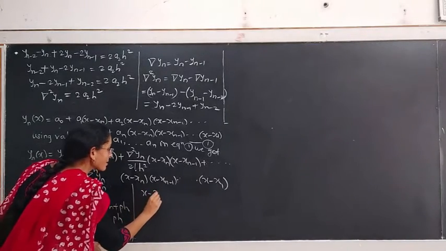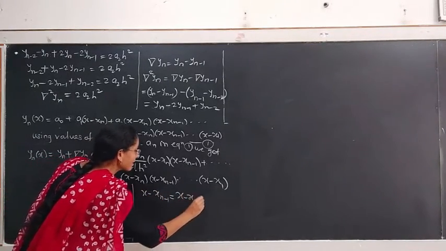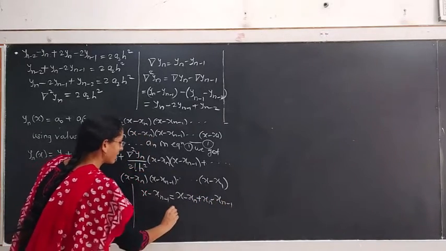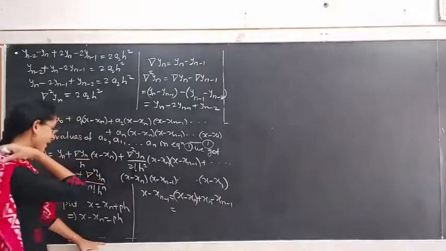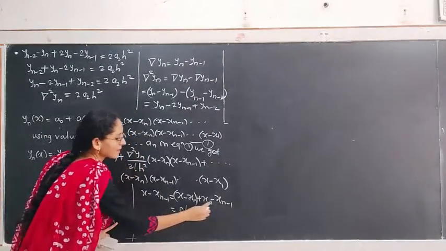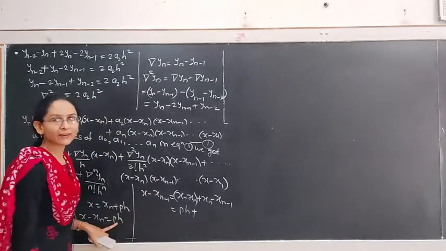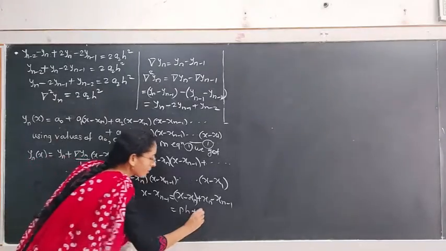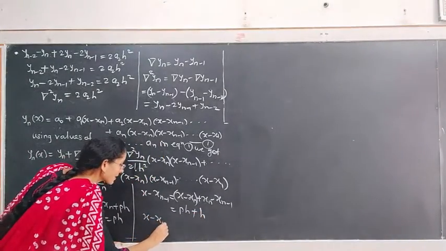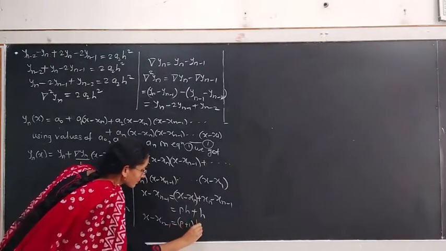x minus x_{n-1} is equal to x minus x_n plus x_n minus x_{n-1}. First bracket has value ph plus x_n minus x_{n-1} value is h, because x_{i+1} is equal to x_i plus h. Hence, value of x minus x_{n-1} is equal to p plus 1 into h.